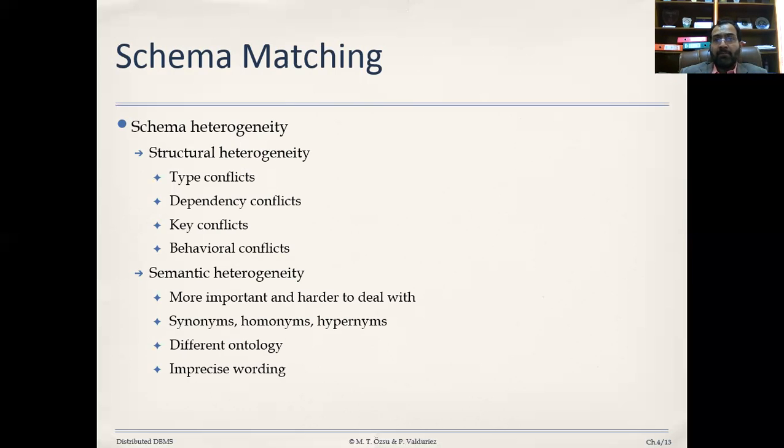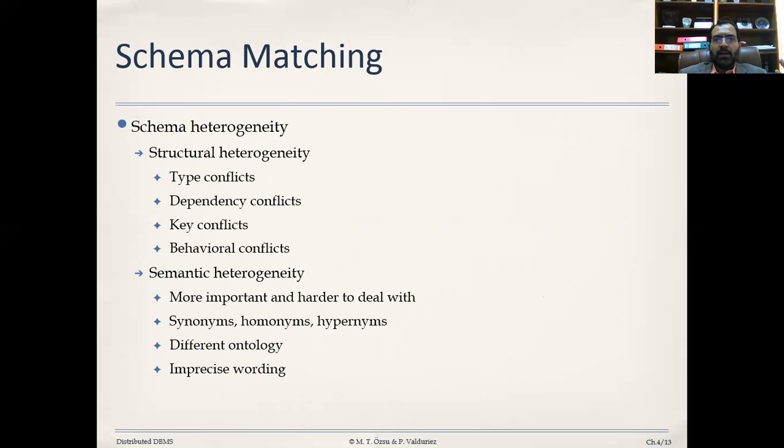One section may have one attribute, and the other section might not have that attribute. One section might take a different key for their data file, and the other section might have different keys, and so on and so forth. So obviously there is heterogeneity, and it is of two types.